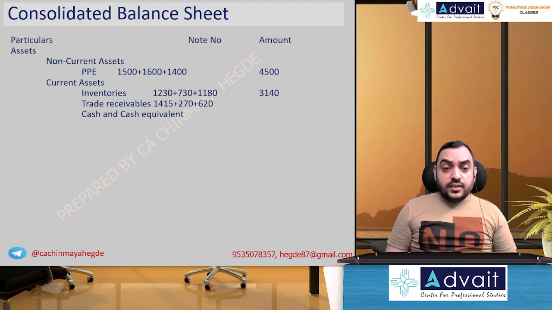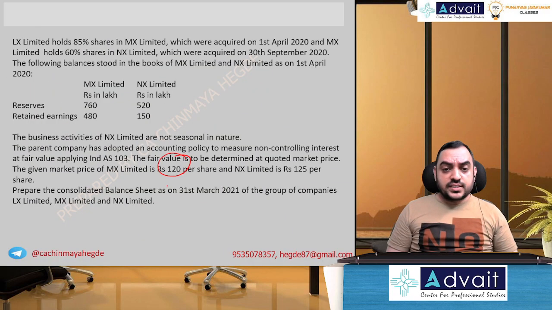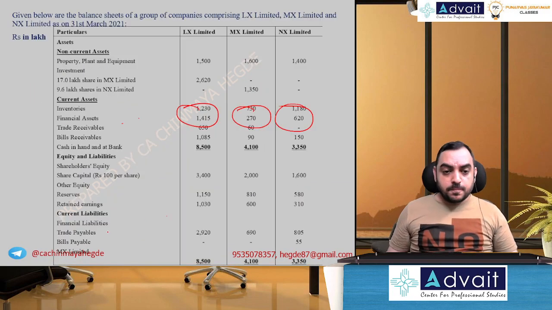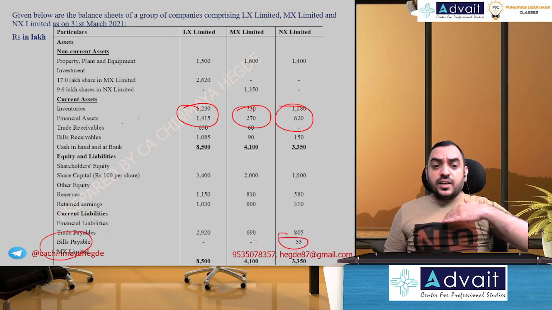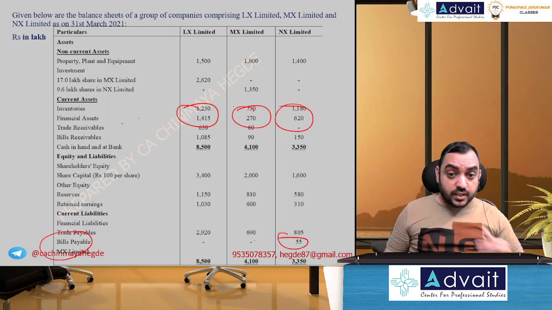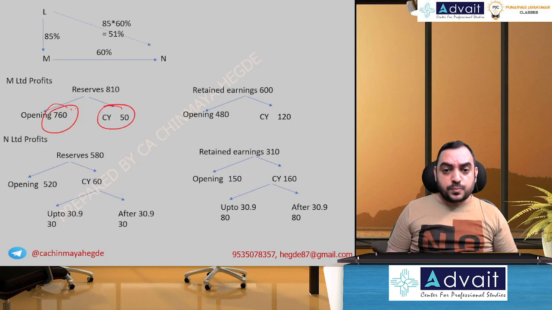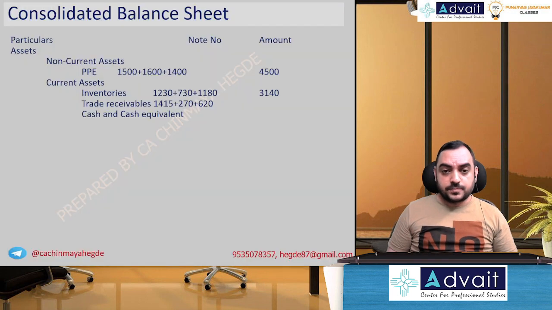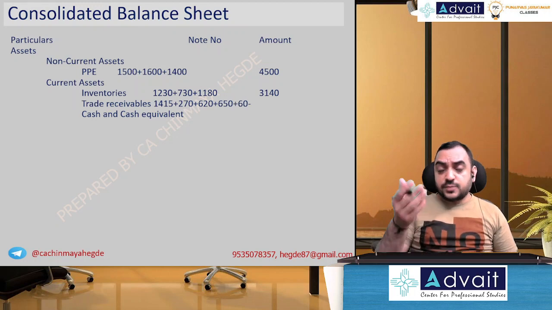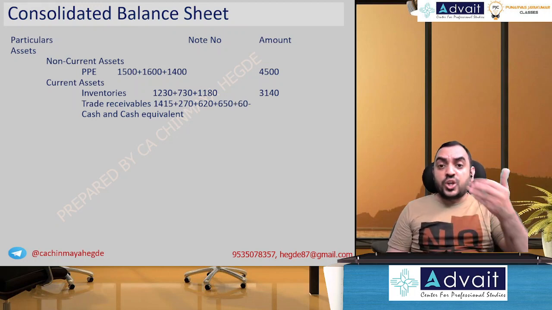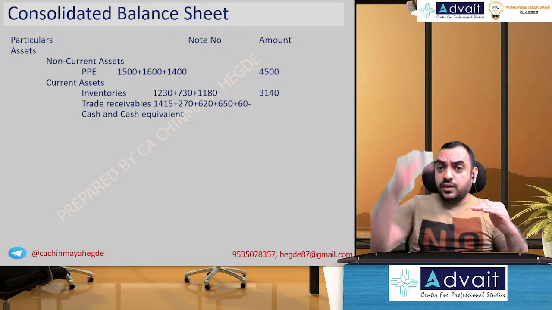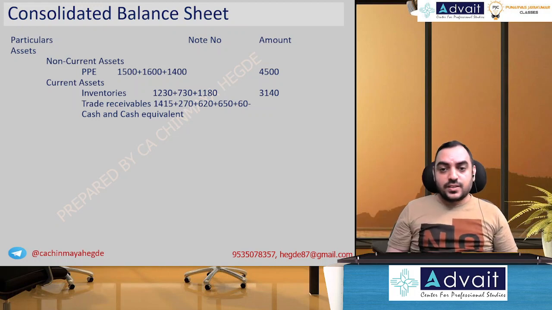And there's one more thing with respect to this asset adjustment. There is some bills payable. Say bills payable of MX Limited 55, which is receivable, bill receivable. Oh, bill receivable is also there. That also I should take. Sorry, plus 650 plus 60. Everything I'll report together. And this bill payable, mutual owings, will be reduced in bill receivable and in bills payable. So minus 55.